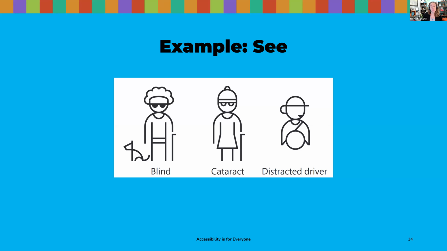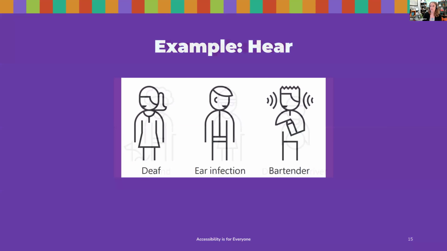And then a situational disability in that context might be a distracted driver, someone who might be glancing at their screen very quickly to see the map, but their attention goes elsewhere. They can't fully concentrate on what's happening on the screen. So those are all examples of different types of situational, permanent, and temporary disabilities.